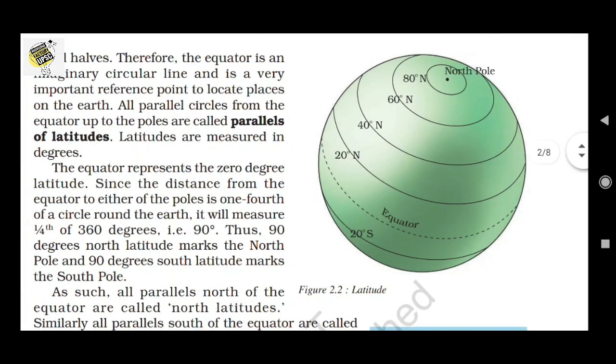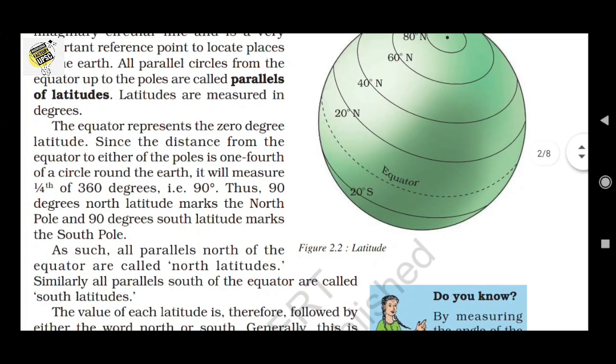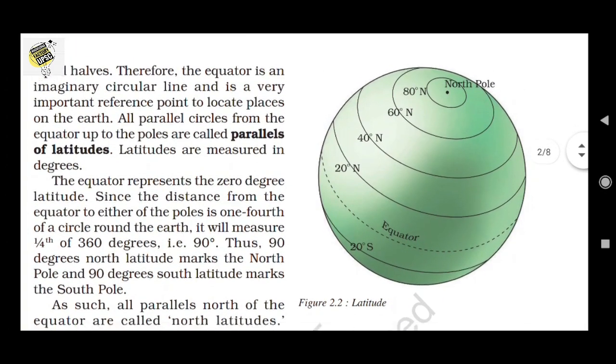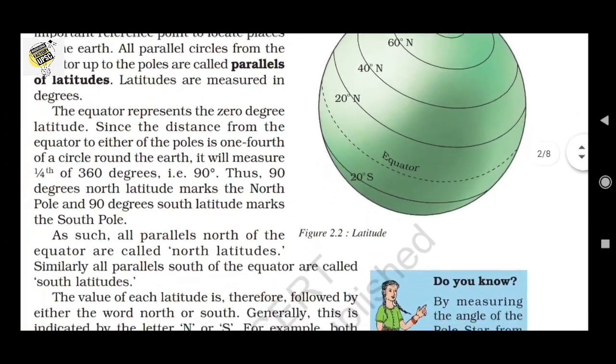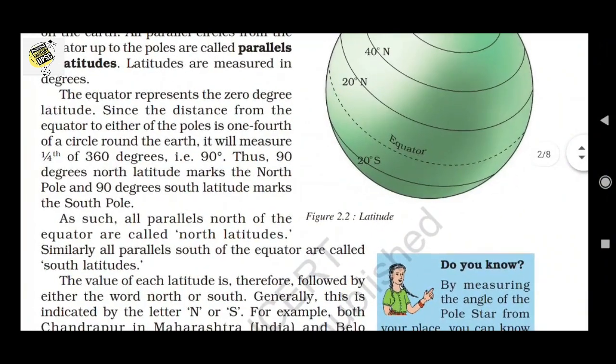Okay. Equator represents 0 degree latitude, since the distance from the equator to either of the poles is 1/4 of the circle, as I said earlier, 1/4 of 360 degrees, that is 90 degrees. So on the top portion there is the North Pole at 90 degrees north, and in the south portion there is 90 degrees south, which is the South Pole.